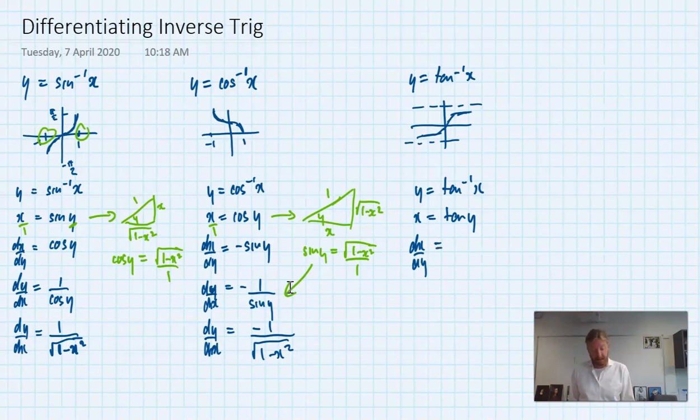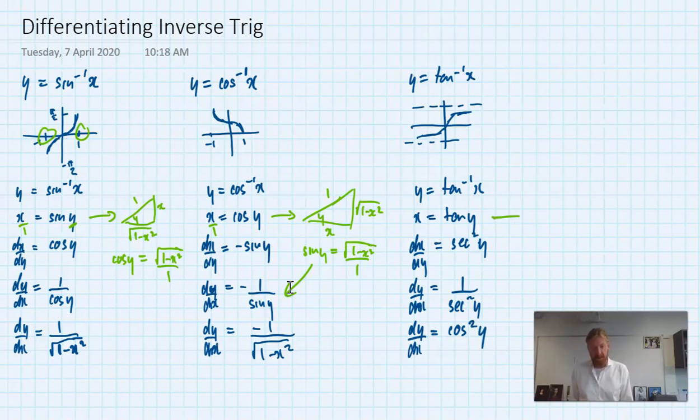Tan went to sec squared y. dy dx equals 1 on sec squared y. 1 on sec is just cos. So dy dx equals cos squared y.